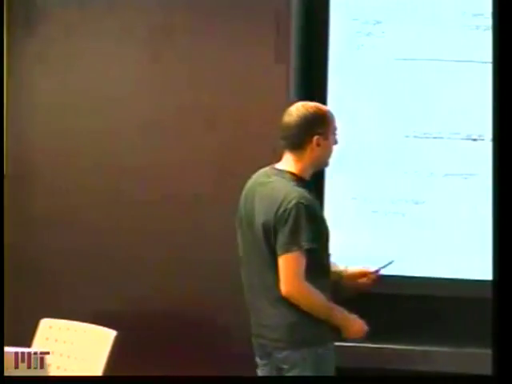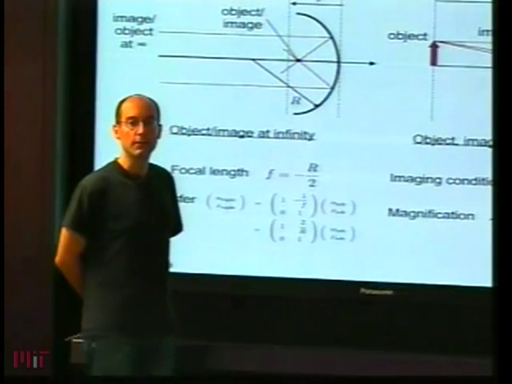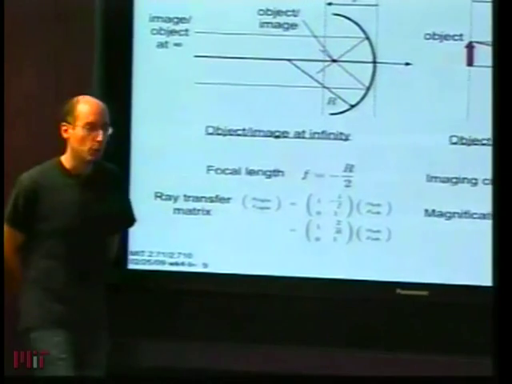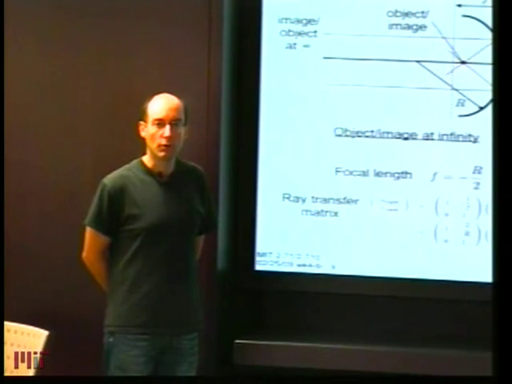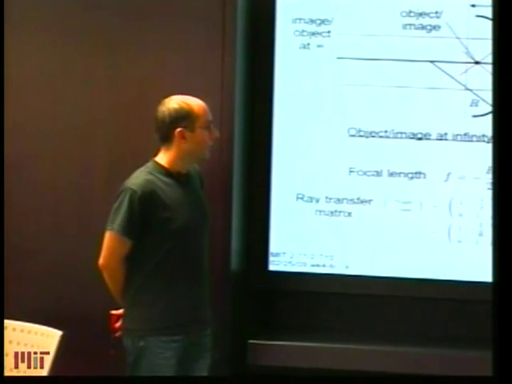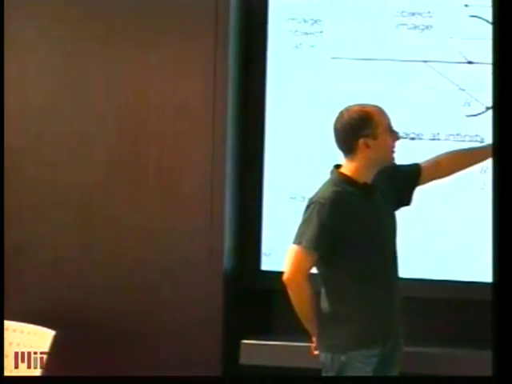All you have to do is substitute the focal length with the equation that we just derived for the radius of curvature, and this is the matrix that describes a mirror concentrator. And of course, since it is a lens, it also forms images.